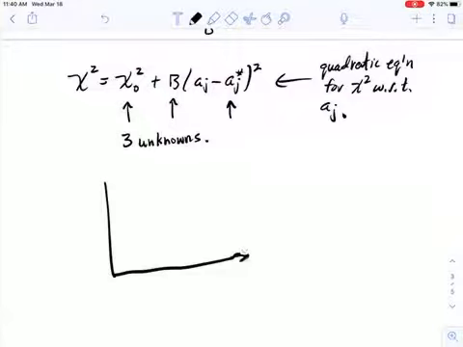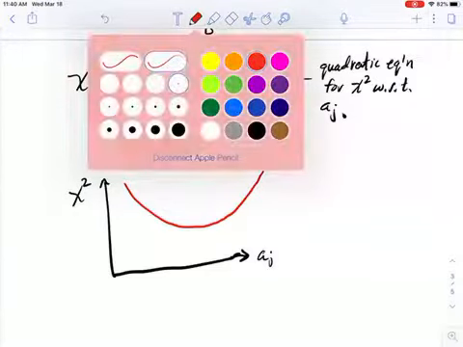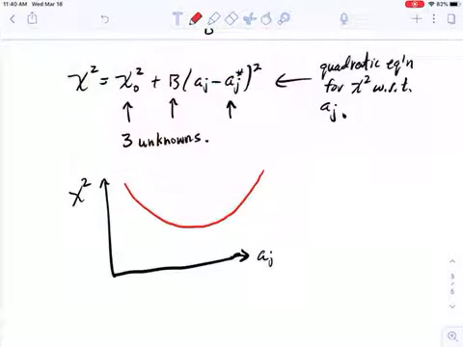So let's imagine 2 cases. This is chi-squared as a function of, say, aj. We'll have one case like a red case, and let's imagine that in this red case, chi-squared varies like this. Maybe the minimum is over here, and this is aj star.